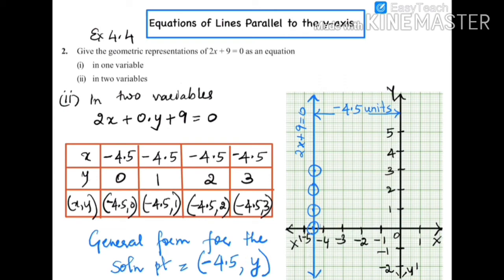You can change the values of y, but the corresponding values of x will always be -4.5. So we can generalize this understanding and conclude that an equation of the type x = c will represent a line parallel to the y-axis at a distance of c units from it, and a point that will lie on this line will have coordinates (c, y).